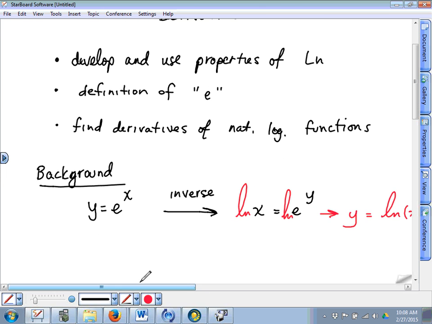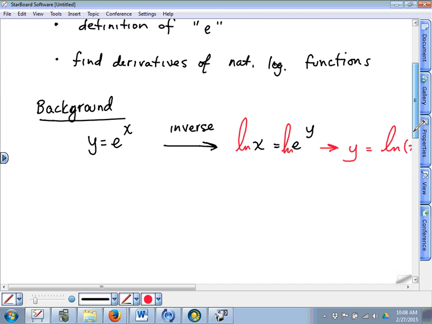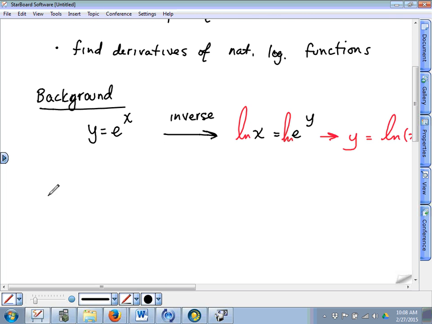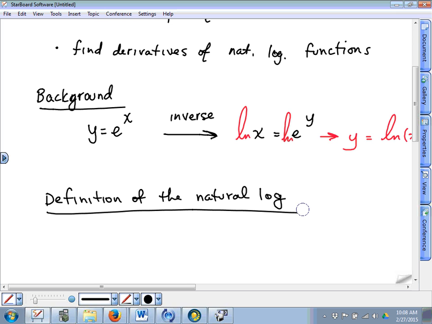This is way back in the 17th century, 16th century. This actually is how the natural logarithm was developed. Definition of the natural log. This is going to look now more familiar from a calculus perspective. This should look familiar from pre-calculus.